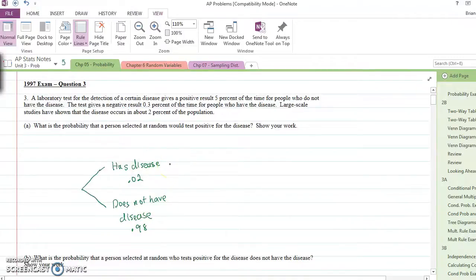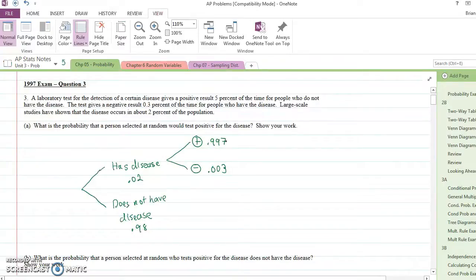And if they have the disease, the probability that it gives a negative result is 0.003, and then a positive result would be 0.997. Now, I think they were being a little bit unreasonably tricky here, but got to be careful.